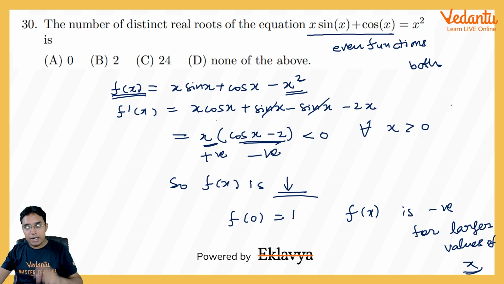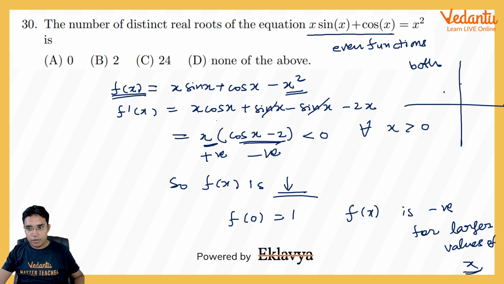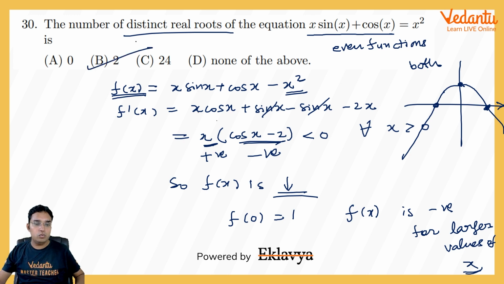You can think of it this way: at x is equal to 0, it is 1, then it will go negative after some point, and in between it will intersect the x-axis. And because this is an even function, it will do the same thing on the left hand side also. So the number of distinct real roots for this will be 2. B should be the answer for this question.